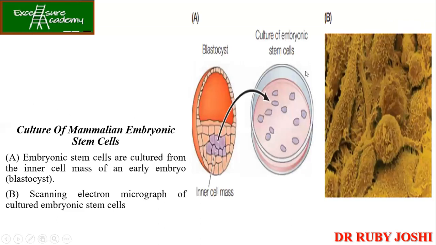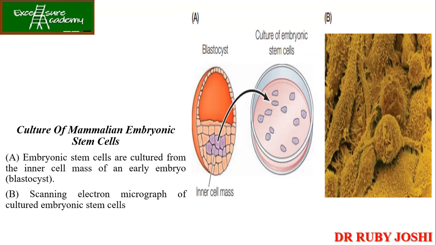I'll show the procedure here. So as you see, the embryos are taken, right? This is the blastocyst stage, where after the fertilization the embryo starts growing. At this stage, they take the inner cell mass. Now this cell mass can be cultured, and depending on the type of transcription factor or growth factors which you provide in the media, these embryonic stem cells can be directed towards one particular type of differentiated cells.